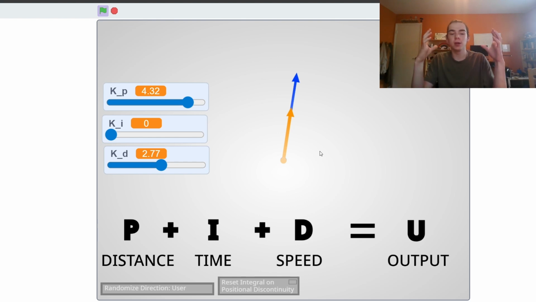You see, when D is the derivative and it's how fast it's going, an integral is almost like a reverse derivative, right? So if speed is the derivative of position and acceleration is the derivative of speed, then the integral of acceleration measures speed and the integral of speed measures position.